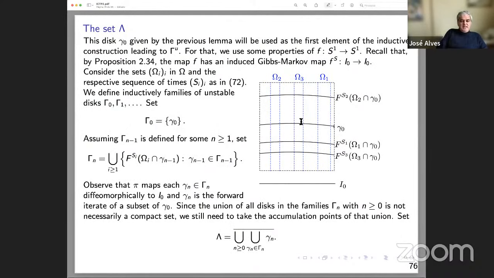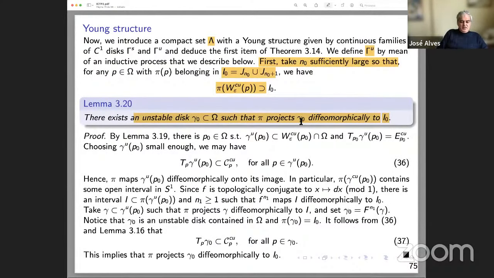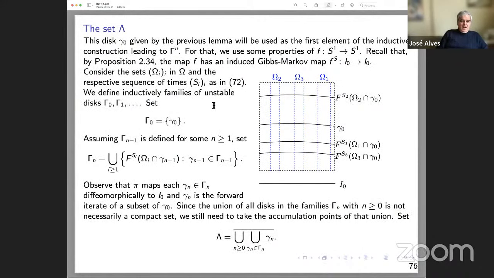And so this is a disk. So we have a disk in the solenoid, such that the projection by this vertical projection pi is a good region for the base dynamics. So it's the region where we induce in the base dynamics. And so I will use this disk.